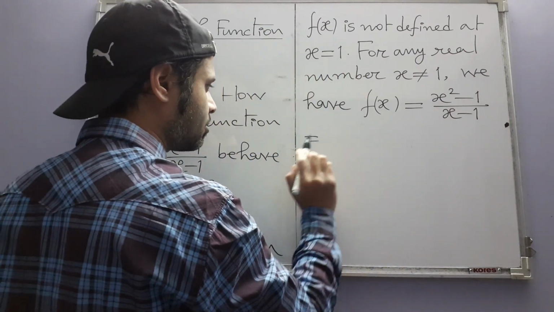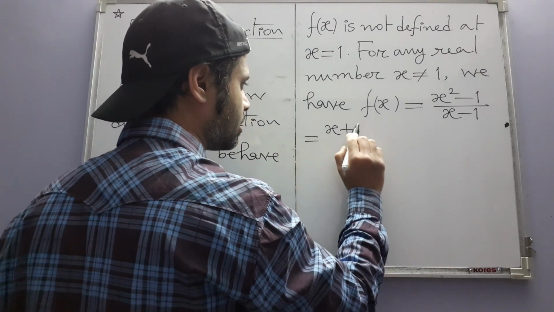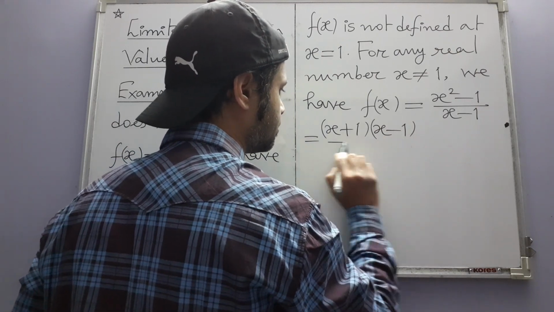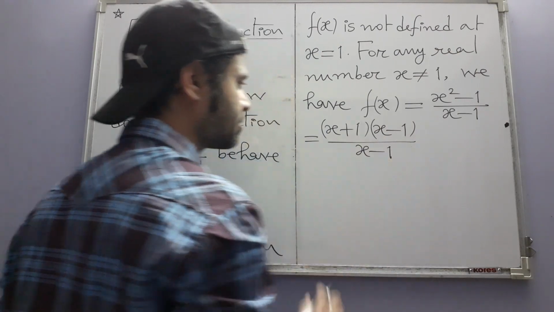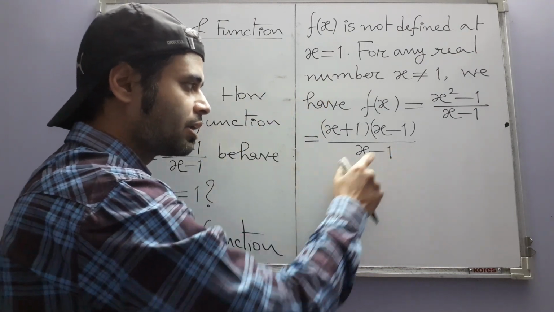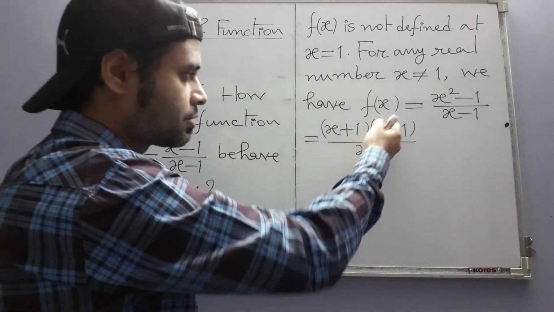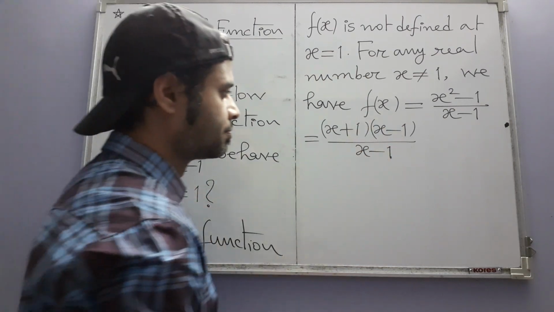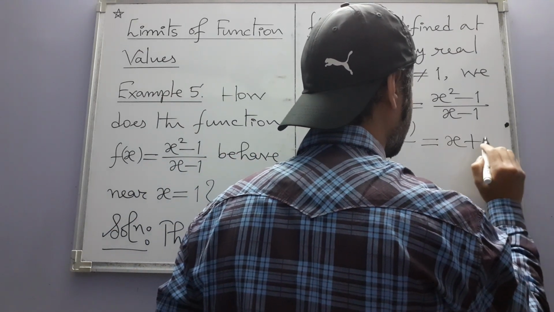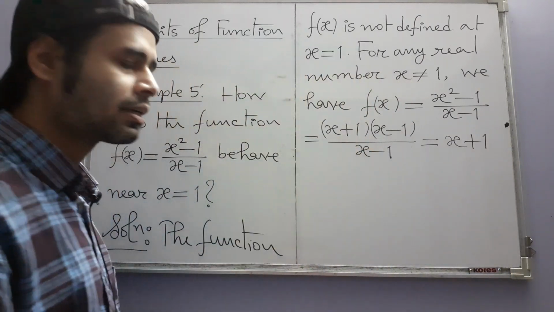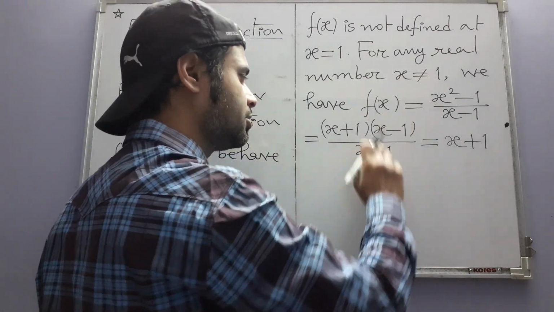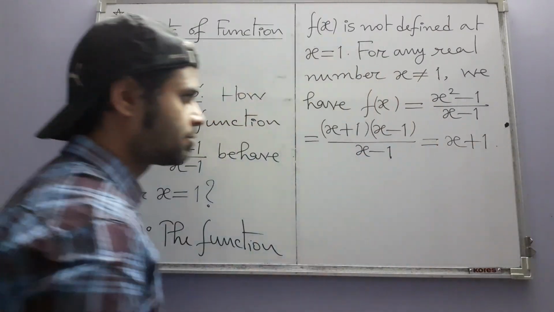So you can factorize the numerator as x plus 1 times x minus 1 divided by x minus 1, because x is not equal to 1 and hence x minus 1 is non-zero. So this x minus 1 and x minus 1 cancel out, and when you are cancelling such things, you should always make sure that the term you are cancelling is non-zero. Now here, due to this condition, it is non-zero. So this is x plus 1.